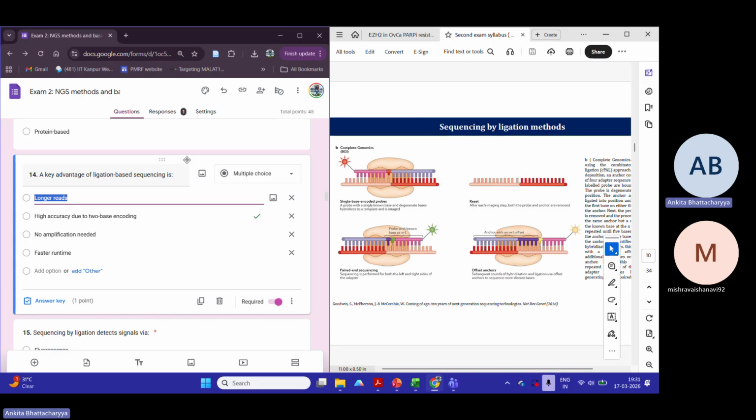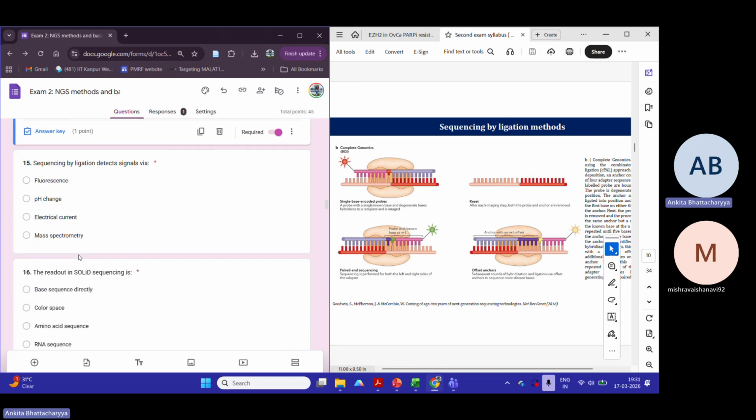So if at any one step the enzyme or the detection system goes wrong and it incorrectly registers the incorporation of a base, then that can be read as a mutation. However, in the sequencing by ligation process, in each step you are double checking and you are ensuring that only if the complementary arrangement of bases is present, only then will my probe get incorporated, and therefore the accuracy or the efficiency of the technique increases by a lot.